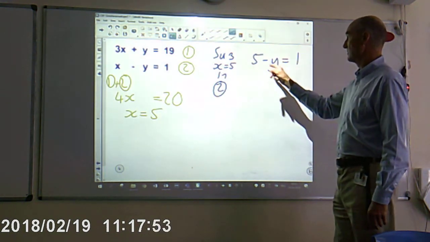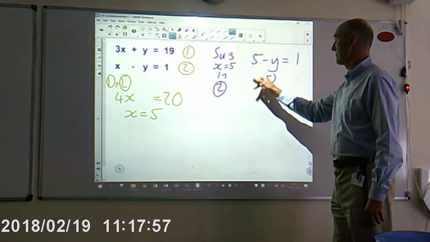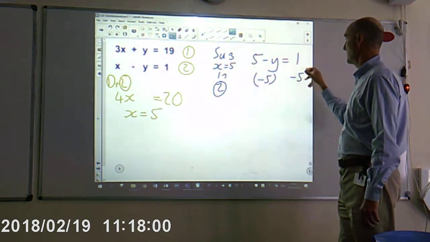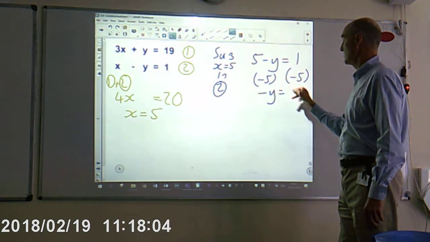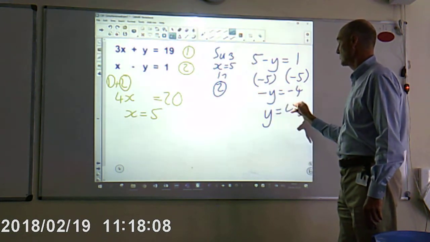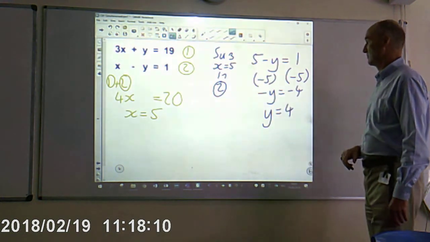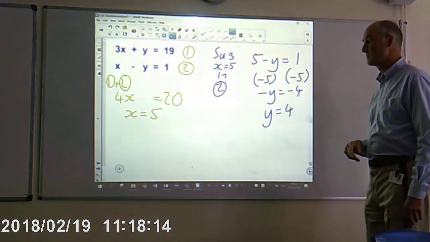We can say minus 5 to both sides, so minus y equals minus 4, so y actually equals 4. Minus y equals minus 4, y must equal 4.